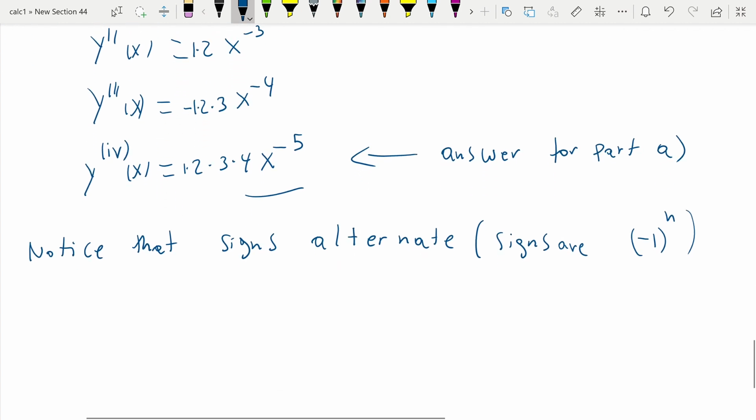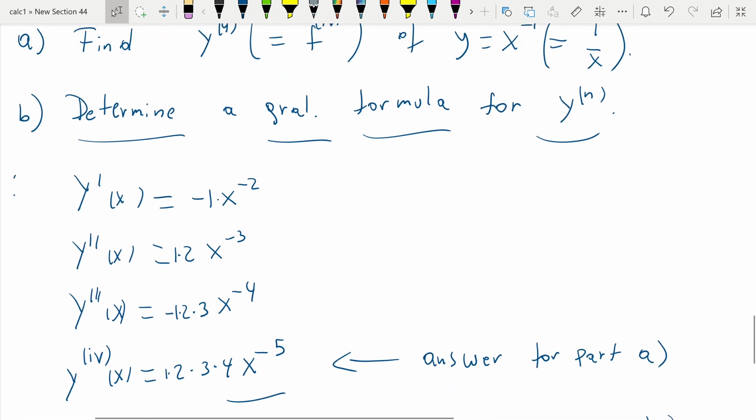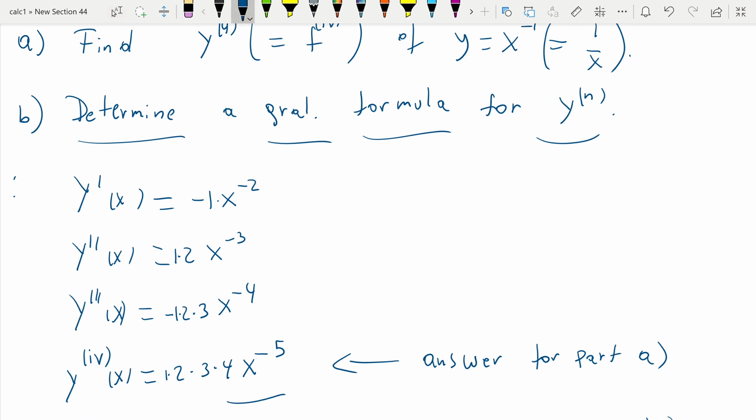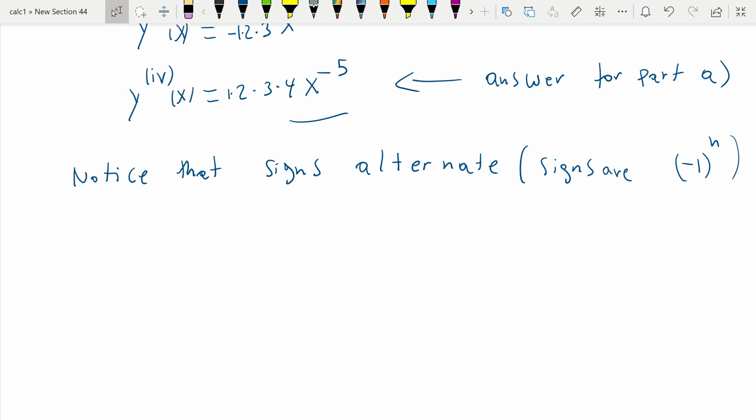I mean, you're multiplying n times n minus 1 times n minus 2, down to 1, which is the formula for n factorial. So here, for instance, we're taking derivatives once, so we just have 1 factorial. We are taking derivatives twice here. We get 2 times 1, which is 2 factorial. Then 3 factorial, etc.